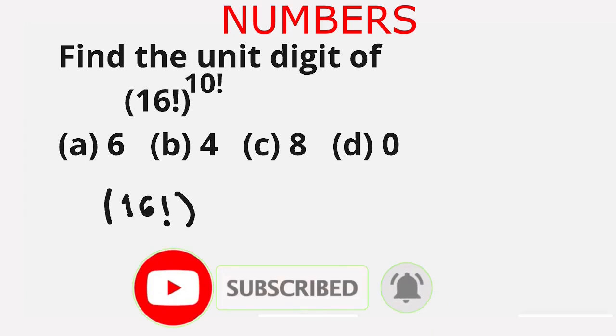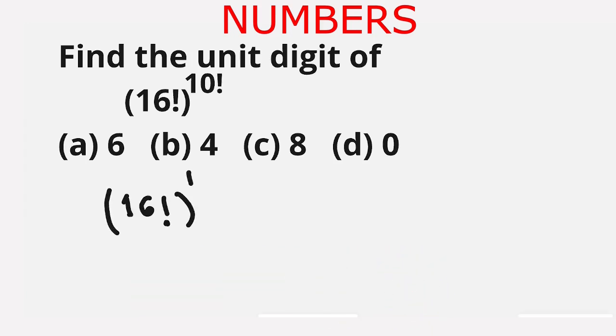The given question is 16 factorial to the power 10 factorial, and we have to find the unit digit of this question. We know that unit digit of any factorial which is more than 4 factorial is 0. So it will be 0 to the power 10 factorial.